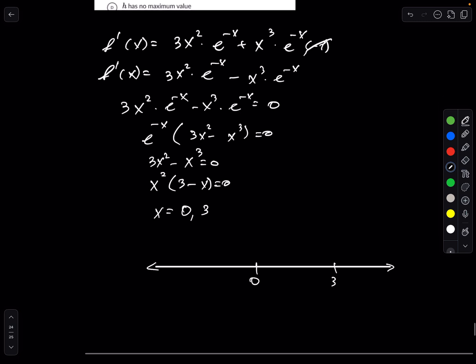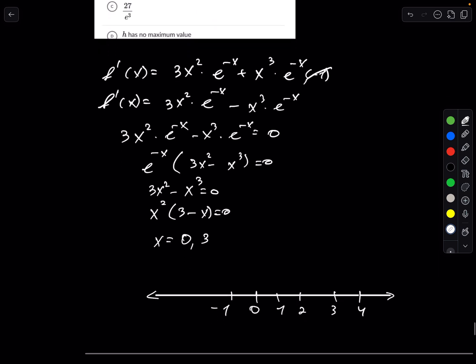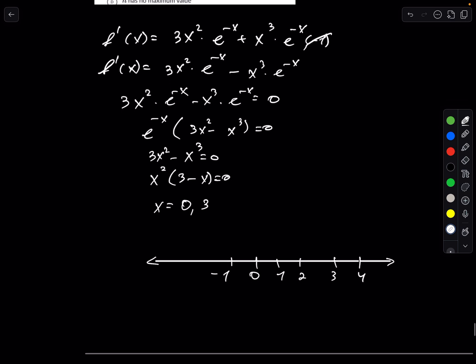So let's just say that from here we're going to take 4. From here we're going to take 2, 1, minus 1. Too many numbers. Let's deal with all of them. Well, we know that 0 and 3 are critical points. As always, I will indicate that it is so.